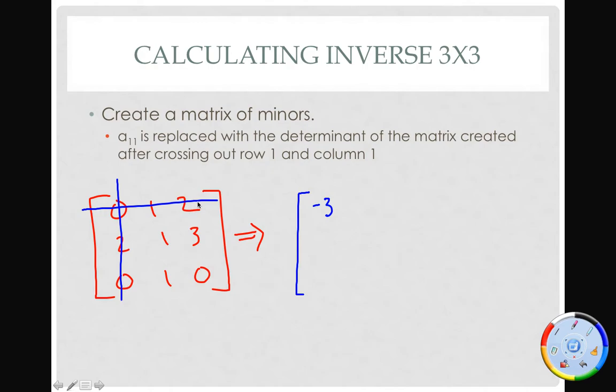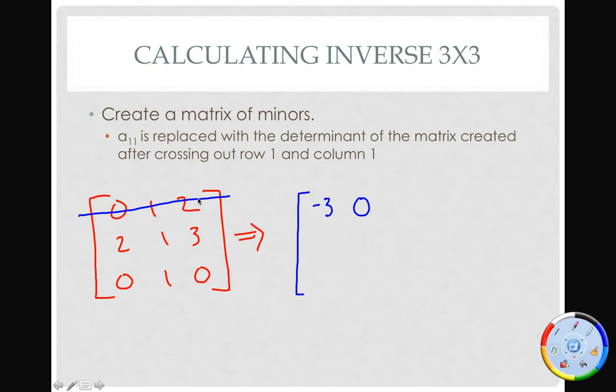Then you continue and say, all right, let's go into the second one. I'm going to cross out row and column, and I'm going to be left with 2 times 0 minus 3 times 0, so I get the value of 0. All right, then I continue.